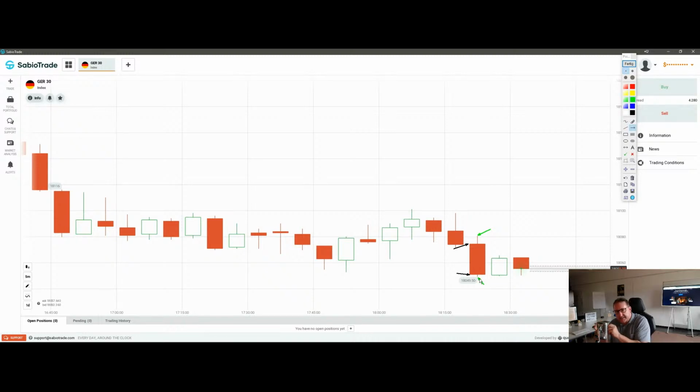Then the buyers came back, a little bit up, and then the 5 minutes were done. An hourly chart candle could be really different. That's why you should be really careful about what you perceive in your chart.